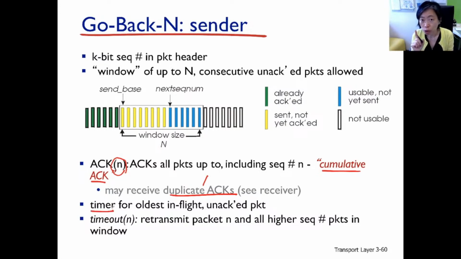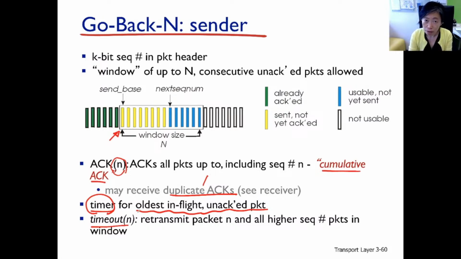Timer. There is only one timer for an entire flight of packets. It's a timer associated with the base of the in-flight packet train. The oldest in-flight packet is always indicated by the send base, so in a way, there's a timer associated with the send base. Whenever the send base is changed or refreshed, we restart the timer.